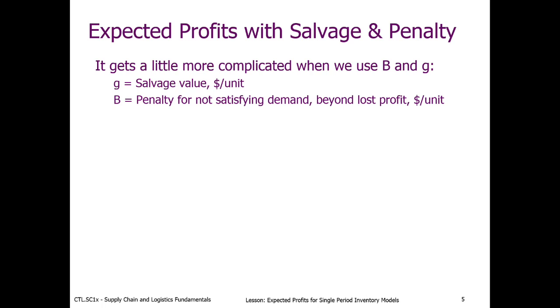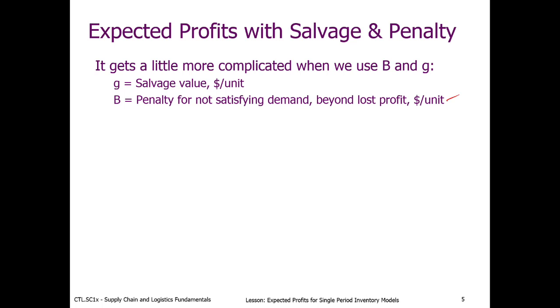Now this gets a little more complicated when we introduce some other terms. In the previous lesson, we introduced this idea of a salvage value or a discount, where if I don't sell something within the normal period, I can't get P for it anymore, but I might get a lower price. Whether this is a discount or salvage, it doesn't matter, but it's a lower unit value. I can also think of adding in a penalty. In addition to the lost profit, I might have loss of goodwill, let's say.